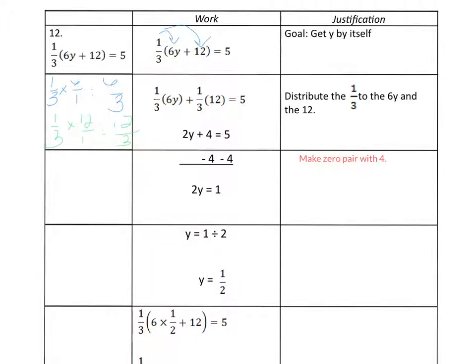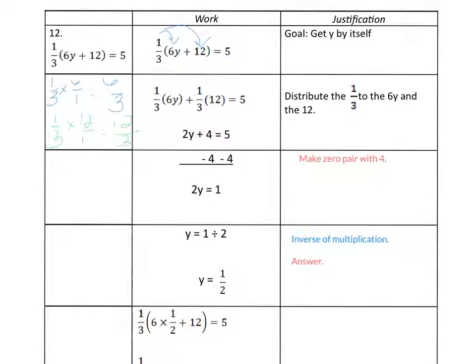And then we're going to do the inverse of multiplication. We know we're doing the inverse of multiplication because 2y means 2 times y, and the inverse of multiplication is division. We get 1 divided by 2. Again, if you want the decimal form, go ahead and divide it out, fine, but you do not have to.